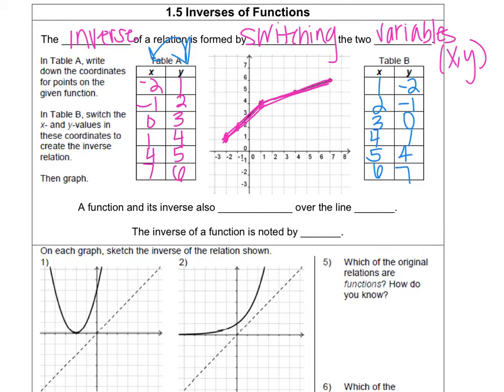So now that we've switched the coordinates, let's go ahead and graph this new function. And you should get something that looks like this.